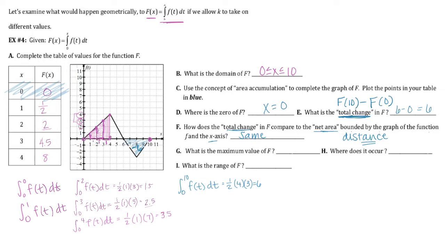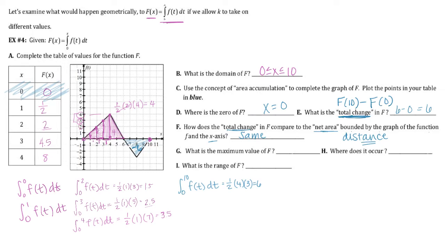Looking at our graph, we're going to have to calculate what's going on over here, because I know that this is positive and it is still gaining some value, and I have not found this particular region yet. So we're going to do another 1/2 times the base, and the base length is 2, times the height, which is 4. So we get 4 for that region.